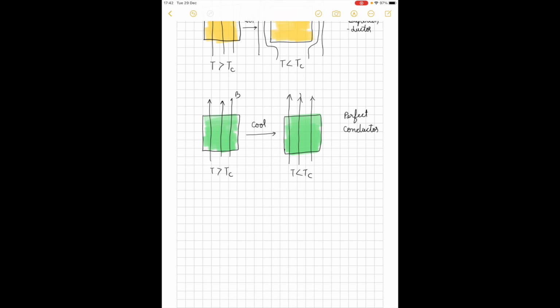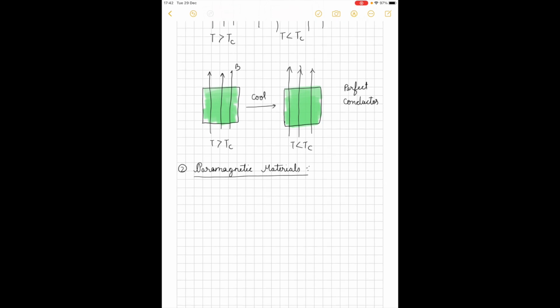The next one is the second type of materials, the paramagnetic materials. So in the paramagnetic materials, when you place a paramagnetic material inside the coil, the flux density inside is slightly larger than the B naught.